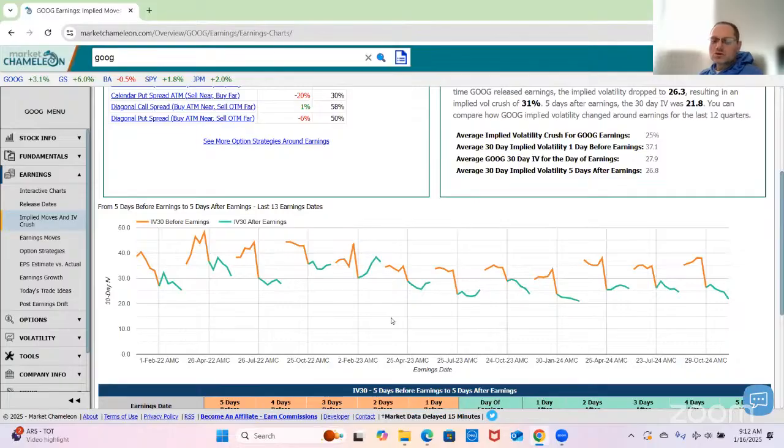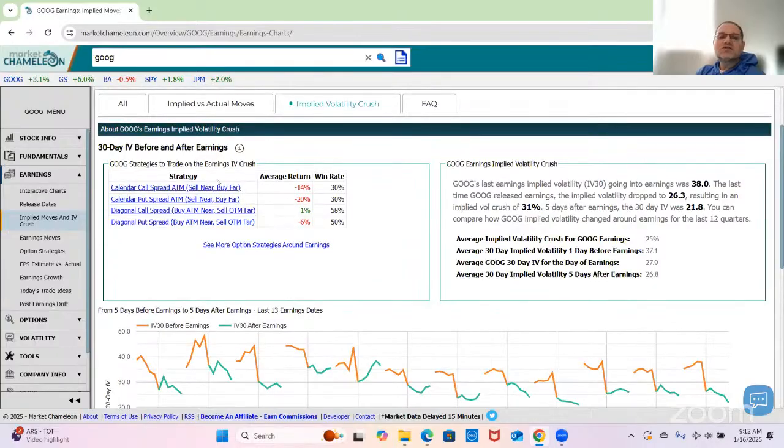And one more thing before I go is, if we wanted to take a quick look at some strategies that are based on the implied volatility term structure. So this is where you're trading one option versus another.